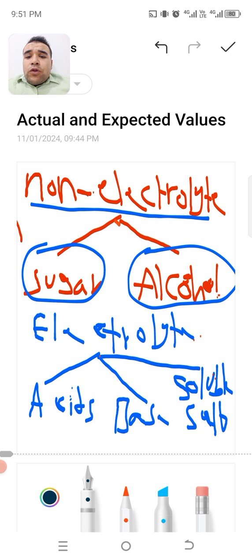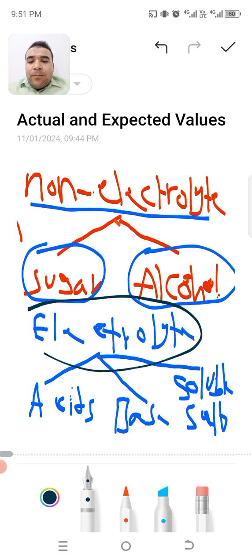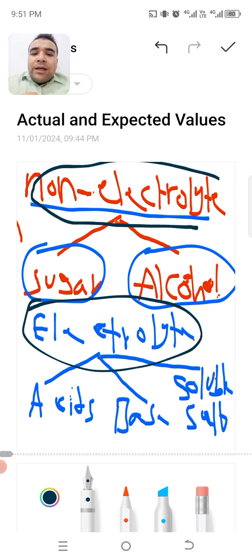So the difference between these values for the two types of solutions is only for the electrolytes. Guys, you have to know that whenever the solution is a non-electrolyte, its actual value results the same as the expected. But when you have an electrolyte solution, you will get a different value of actual compared to the expected value.